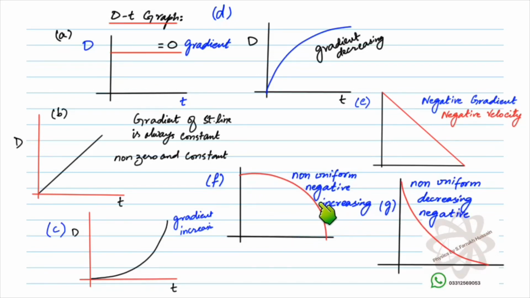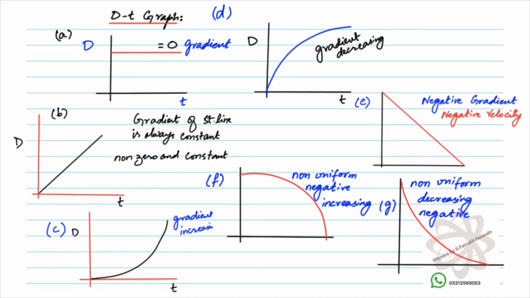So you can write negative increasing velocity. The gradient is decreasing because the line is becoming horizontal. So you can call it negative decreasing velocity, but non-uniform because the lines are not straight. These lines are curved, so they have different gradients at different points.